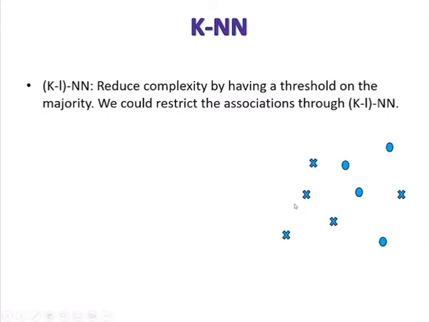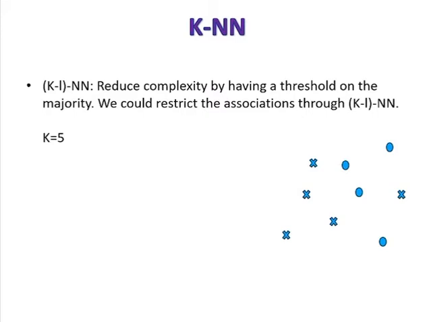If we have it like that and we want to use KNN, we need to do it in a way that reduces complexity, and we need to have what I call a threshold on the majority. Having a threshold on the majority will enable us to figure out the number of neighbors, because you basically need to figure out what number of neighbors you want to start with.